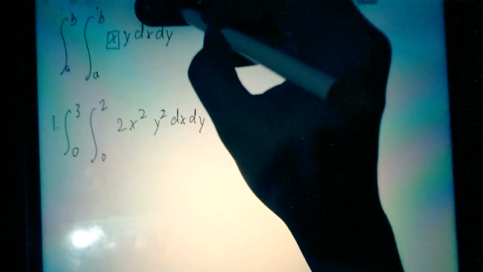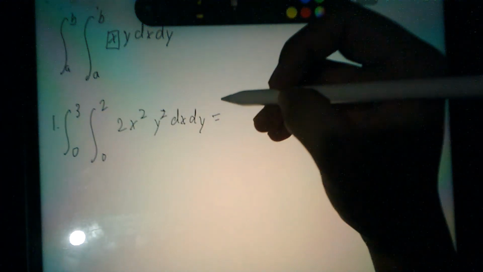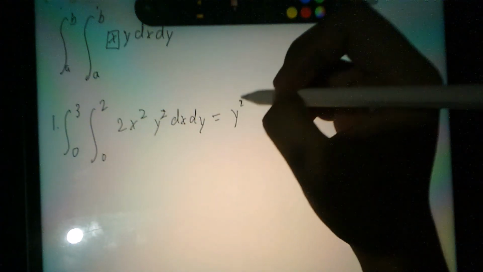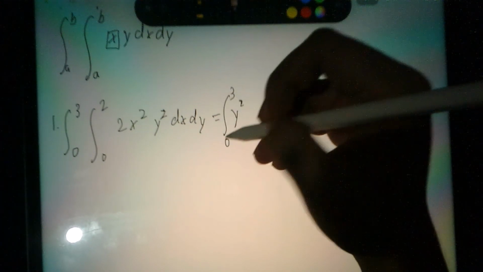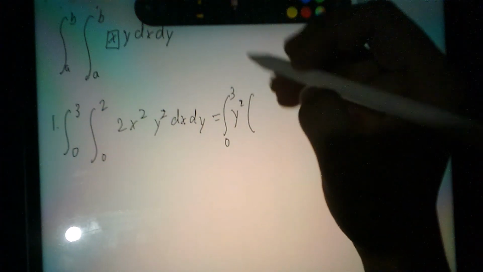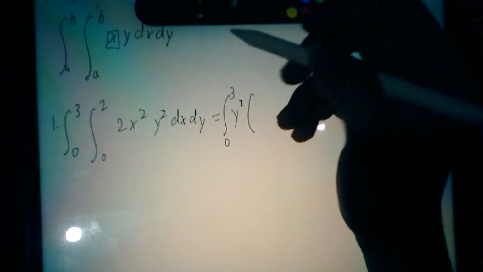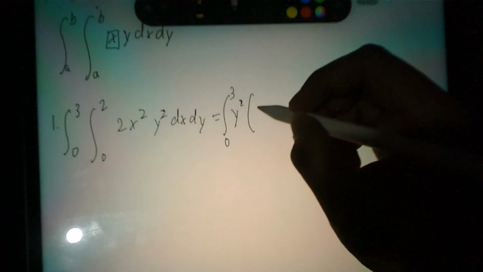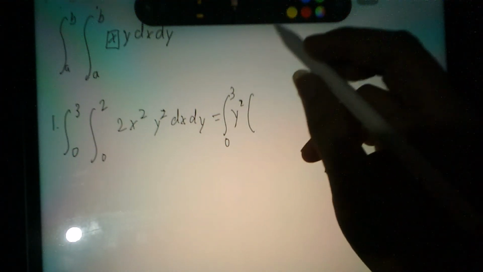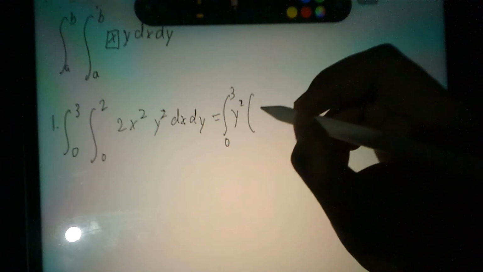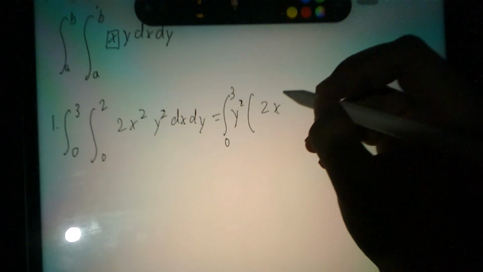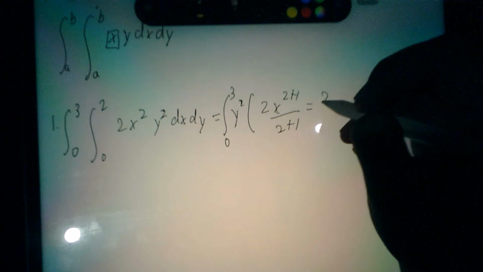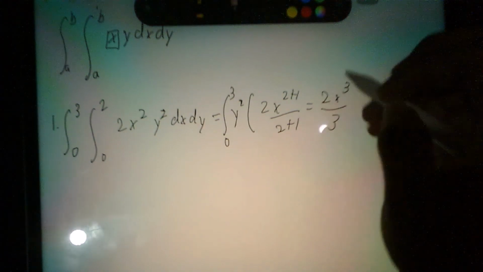So dx here, so y squared is just constant. Let's take that out. Y squared integral of 3 over 0 times the first integration. So the integral of 2x squared is just equals to 2x raised to 2 plus 1 over 2 plus 1, which is equals to 2x cubed over 3.